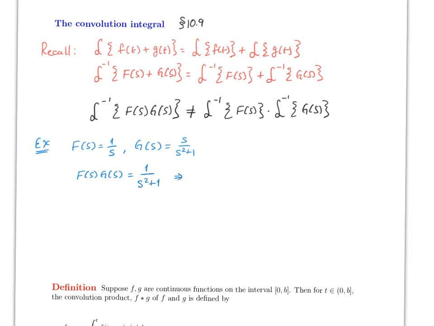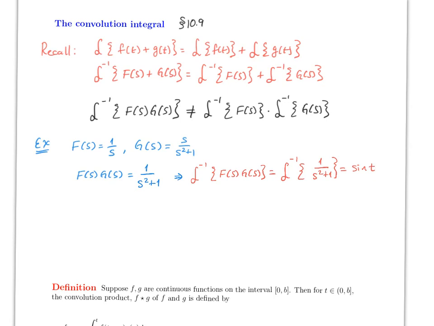Therefore, the inverse Laplace transform of the product is the same thing as the inverse Laplace transform of 1 over s squared plus 1, which, if you look at the table, is sine of t.